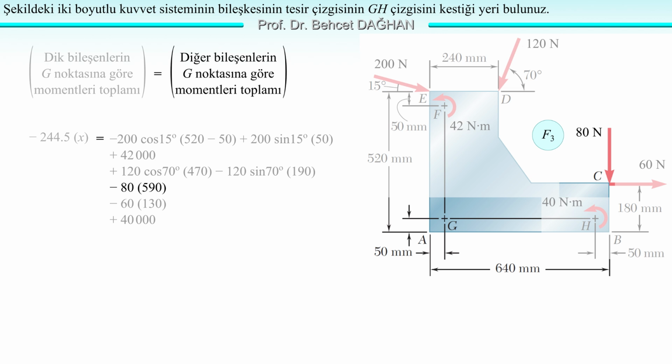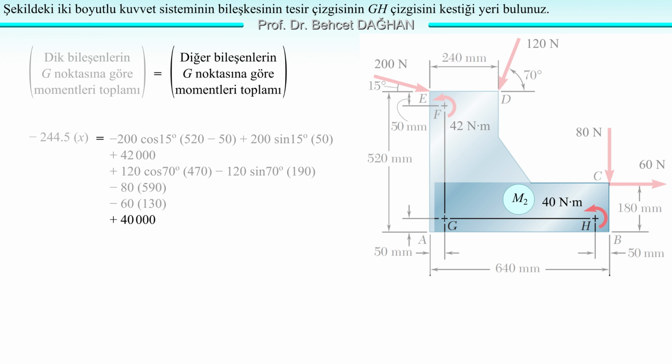Let's move on to the 60 newtons force. The moment arm of a 60 newtons force is 180 minus 50. Its moment is also clockwise, so its moment is also negative. 60 times 130. Finally, let's come to the moment M2, the couple. Its moment is also counterclockwise, so it's positive.